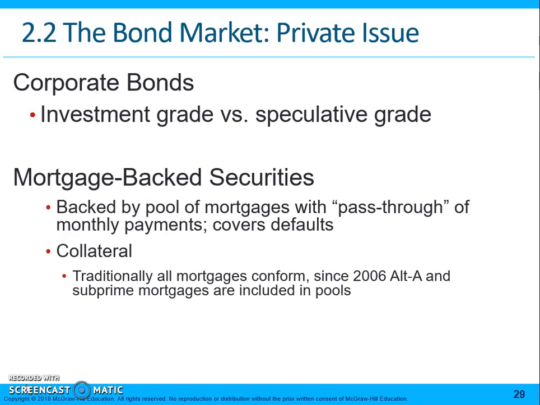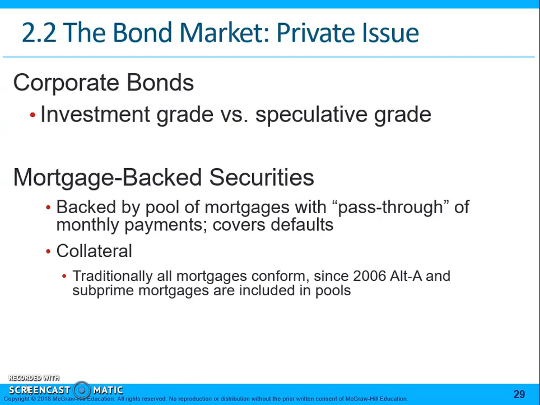Historically, mortgages were referred to as conforming, and almost all mortgages in pools were conforming mortgages. This means that the borrowers had what are called prime credit ratings. That is a credit rating of 620 or above. Since 2006, mortgages referred to as Alt-A or subprime mortgages have been included in pools.